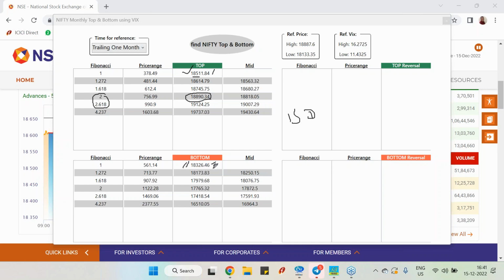If this breaks, then you can find the lower bottoms, and these bottoms can take you till 2 to 2.618. This is the place it can take you, and at this point you can have a bottom also.